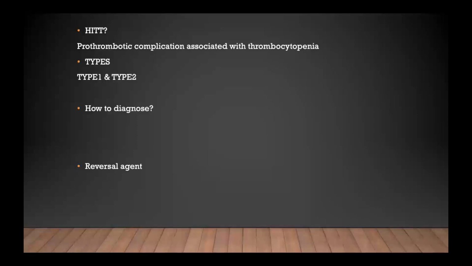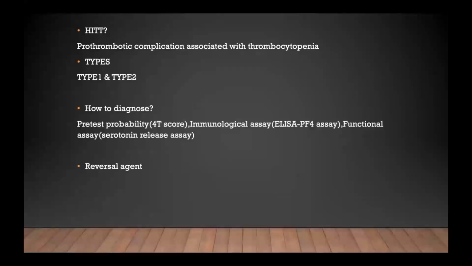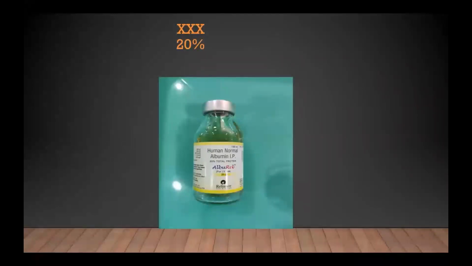Platelet factor 4 antibody. And another assay? The serotonin release assay, the functional assay. So what is the reversal agent? Protamine sulfate.